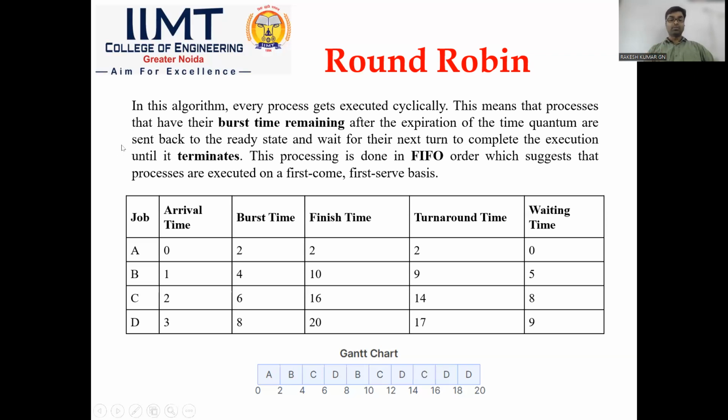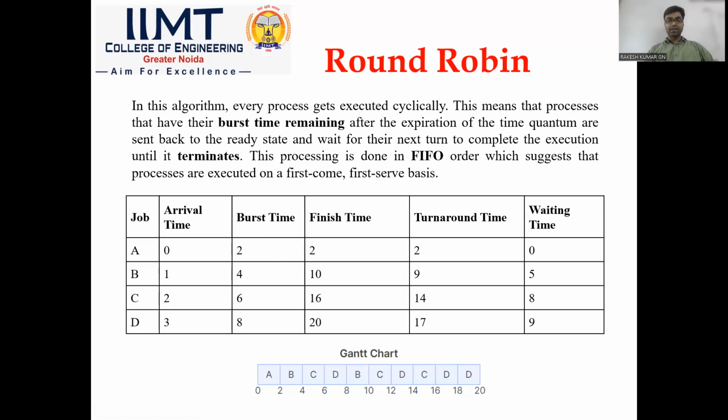Process A executes in one cycle, process B in 2 cycles, process C in 3 cycles, and the last process D in 4 cycles, because we have a time quantum of 2.